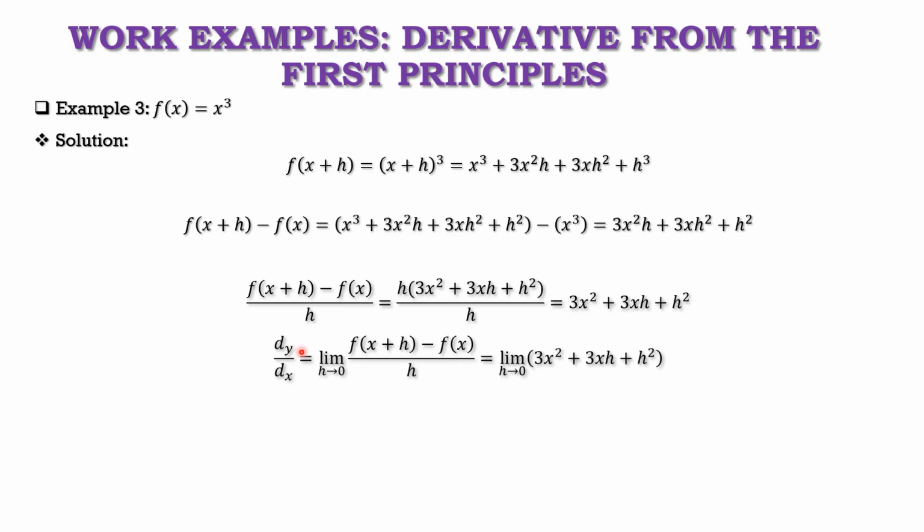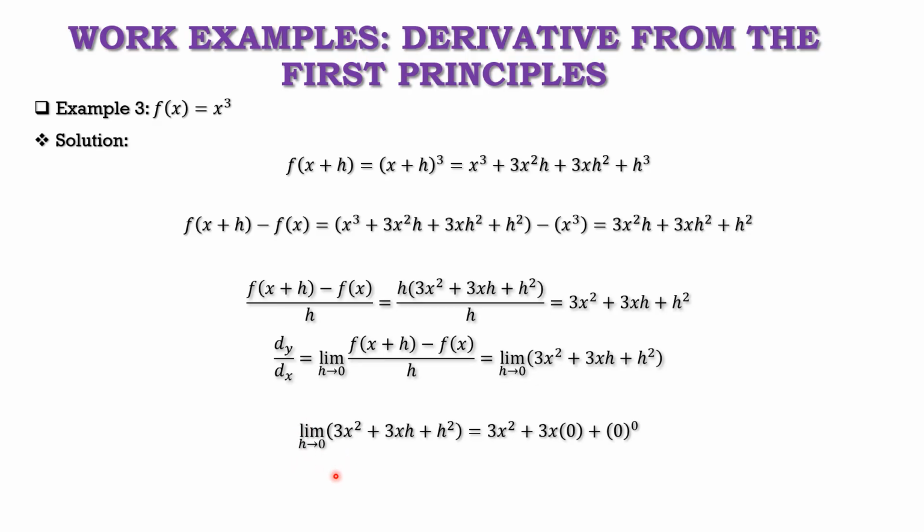So it means that dy dx, which is the first principle, the first derivative, will be the limit as h approaches 0 of this expression. So that means we are going to have the limit as h approaches 0 of 3x squared plus 3xh plus h squared.